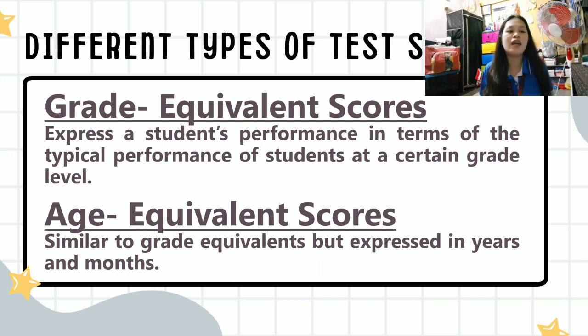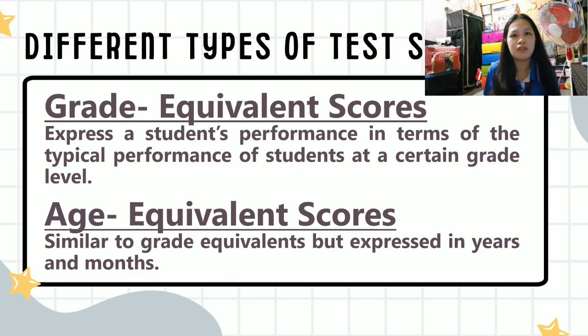Next one is age equivalent scores, similar to grade equivalent but expressed in years and months. Ang age equivalent scores is magdepende gihapon sa performance sa student but nag-base na sa iyang age.